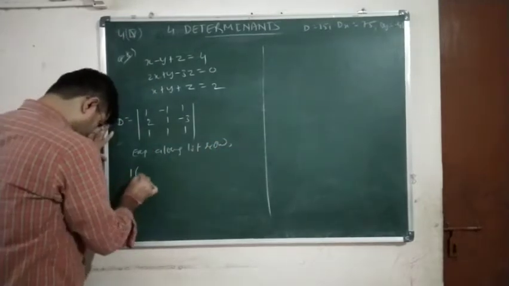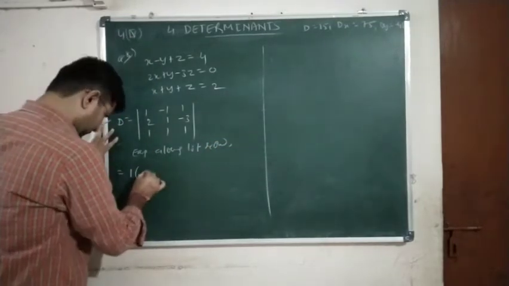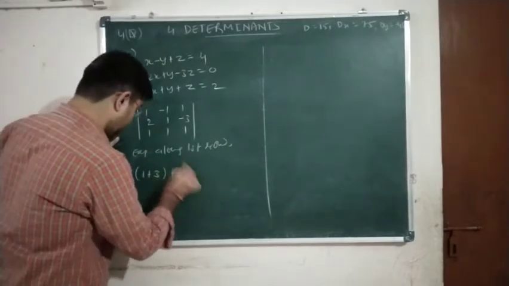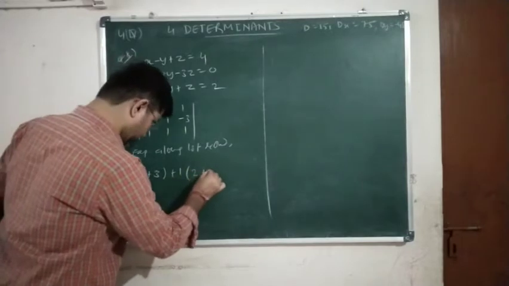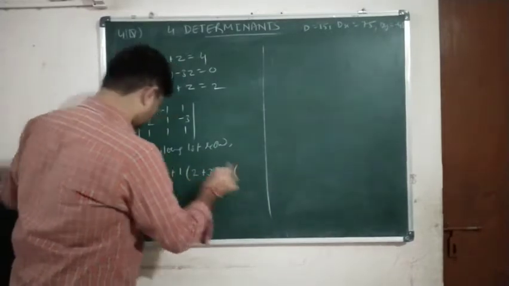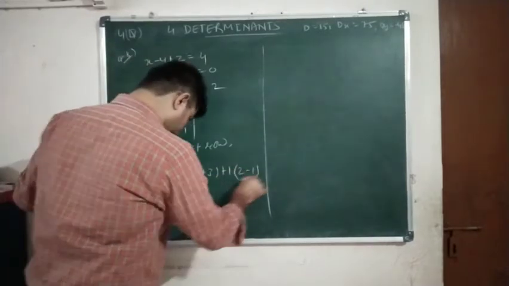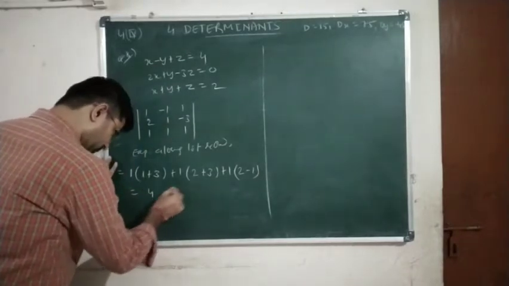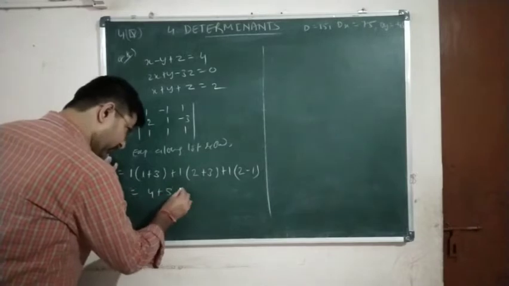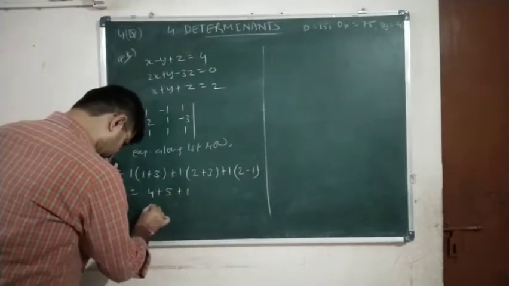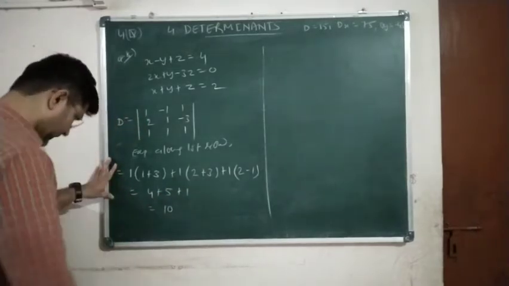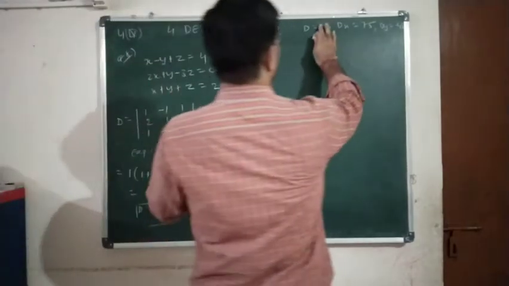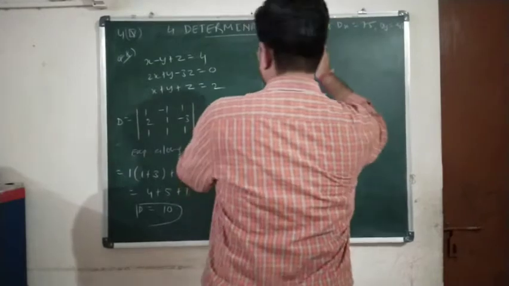So 1 into (1 plus 3), plus 1 into (2 plus 3), plus 1 into (2 minus 1), that is 4 plus 5 plus 1, so 10. So this is the value of d. D we got to be 10. Now dx.